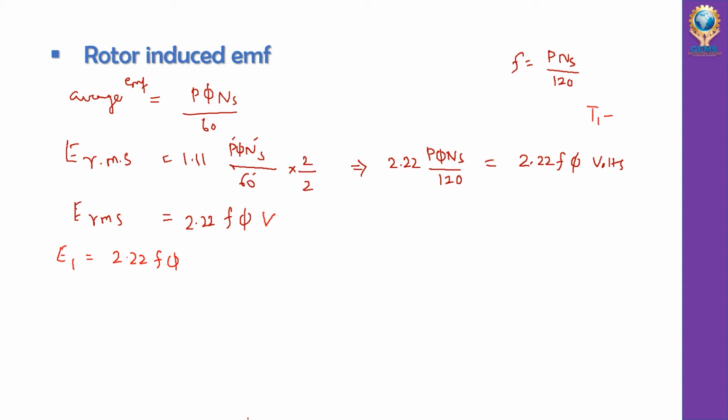So we have 2 conductors per winding turn. So what we have to do is multiply by 2 into T1. So we will get 4.44 f φ T1 volt.